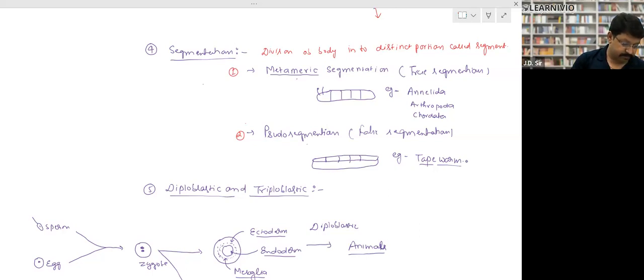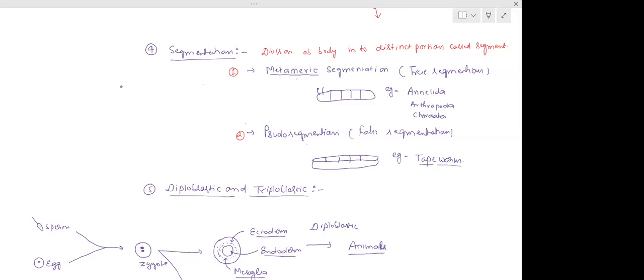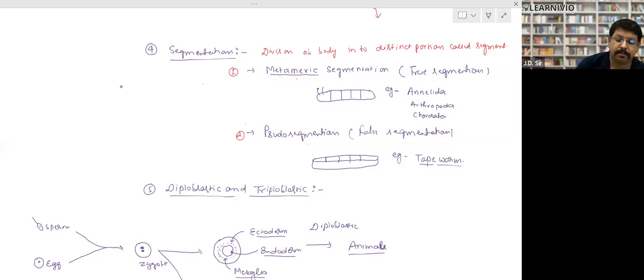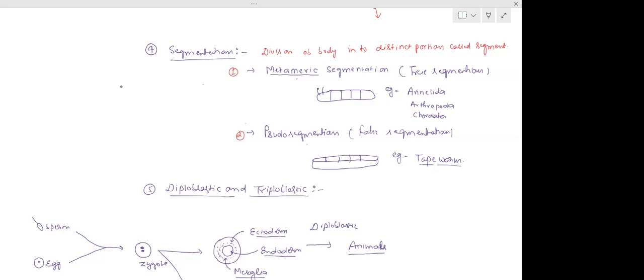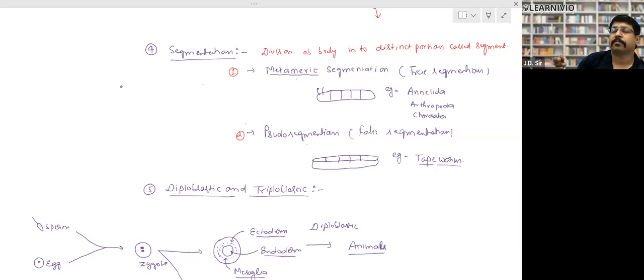Here, the body is segmented externally, but internally the body is not divided into segments.